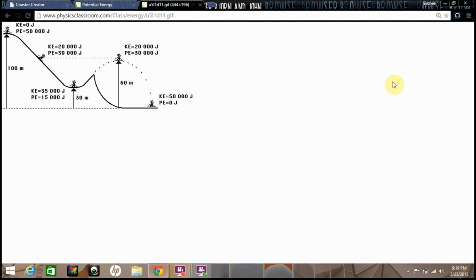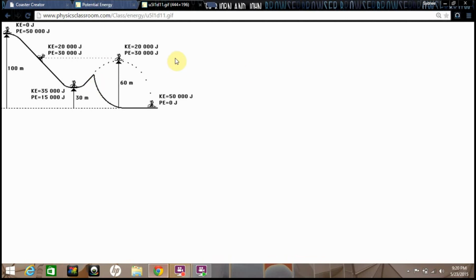I could show you in the next video that if kinetic energy was zero, potential energy would just not move. It's just too much stored in the object. It wouldn't move anywhere.